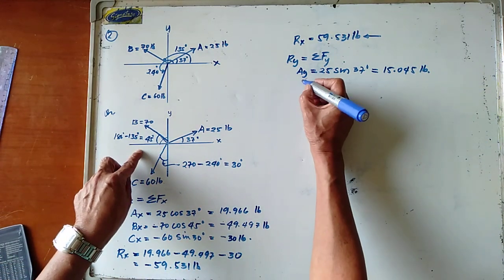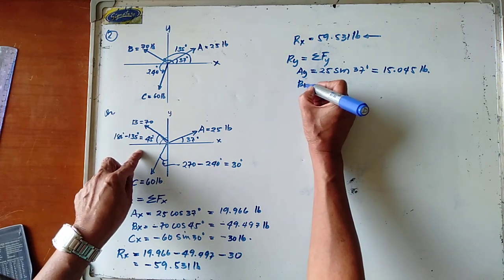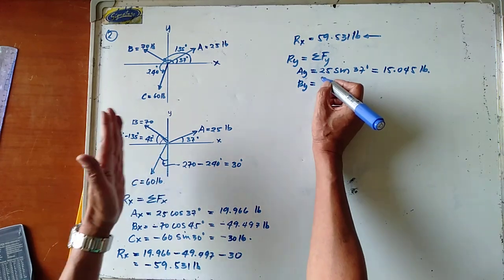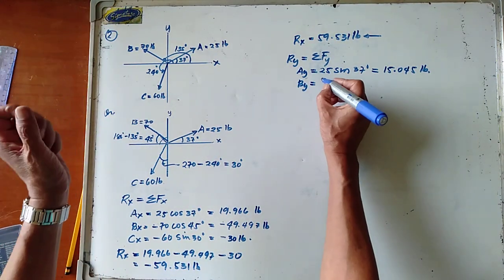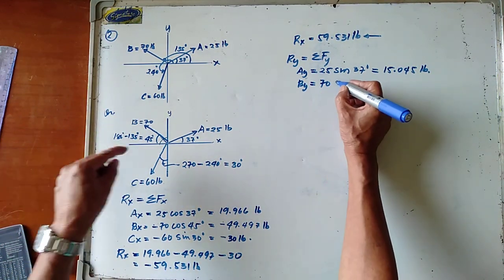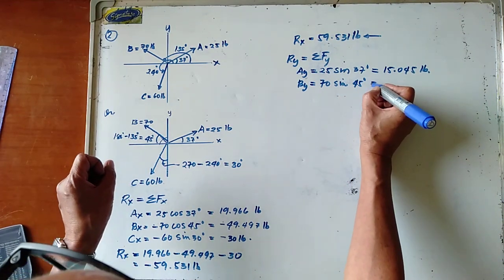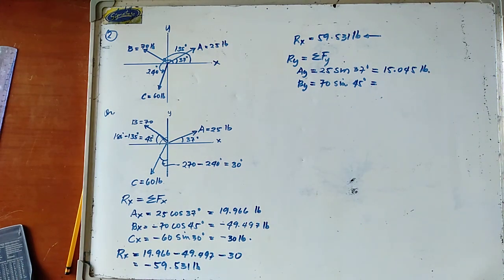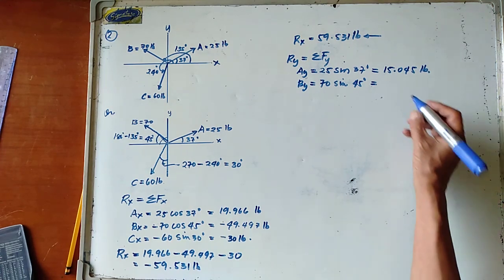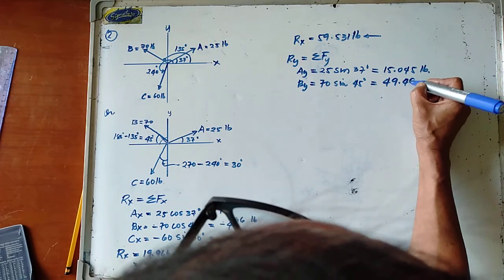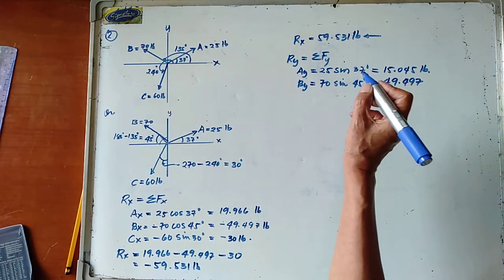By is positive 70 sine of 45 degrees, since that is going up, which is 49.497 pounds.